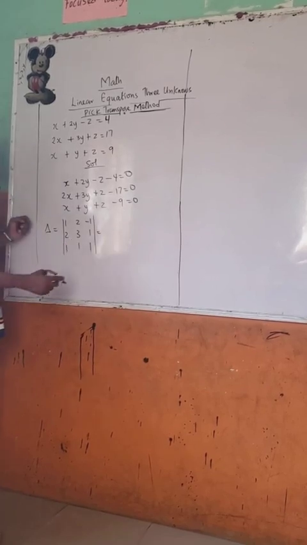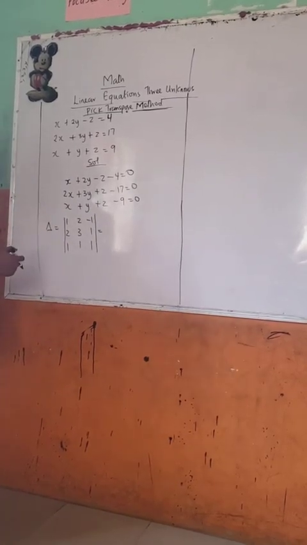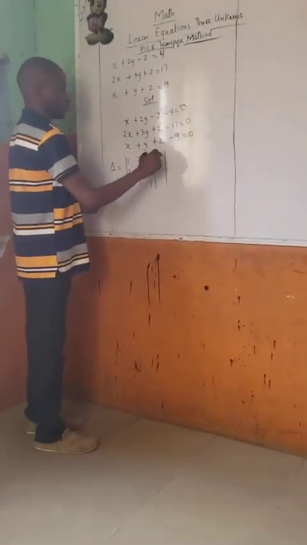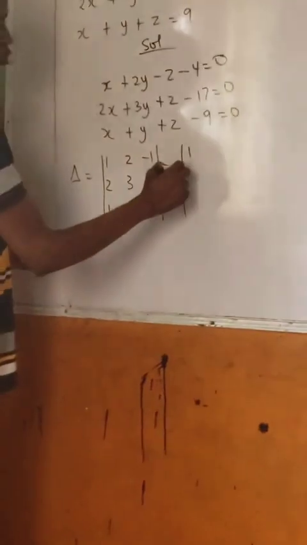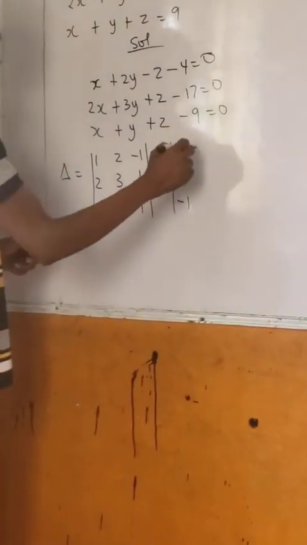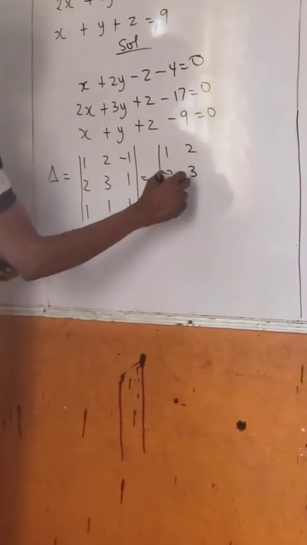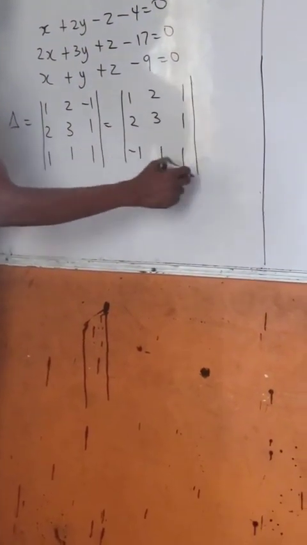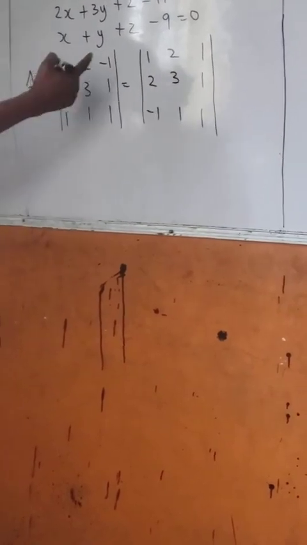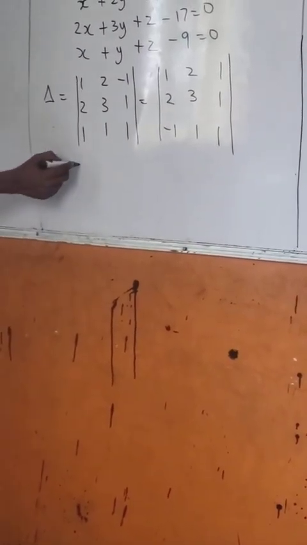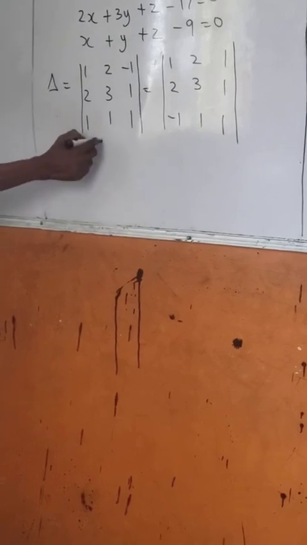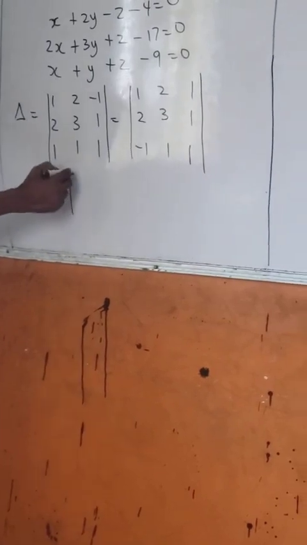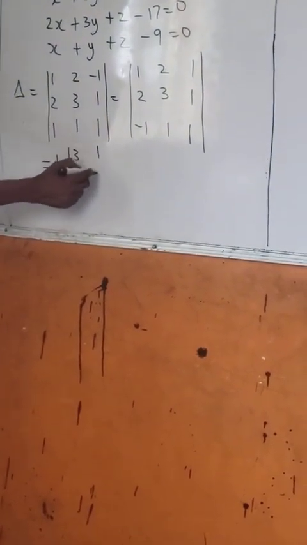Now from here, what are we going to do? We transpose. So let's transpose it. Transpose gives us 1, 2, minus 1, 2, 3, 1, 1, 1, 1. So this is the transpose. Now let's look for the determinant of the transpose. We have 1. If you pick the first row, first column, we have 3, 1, 1, 1.